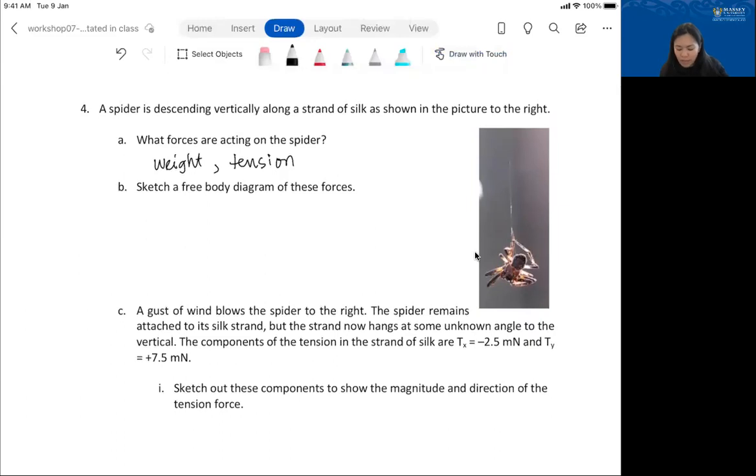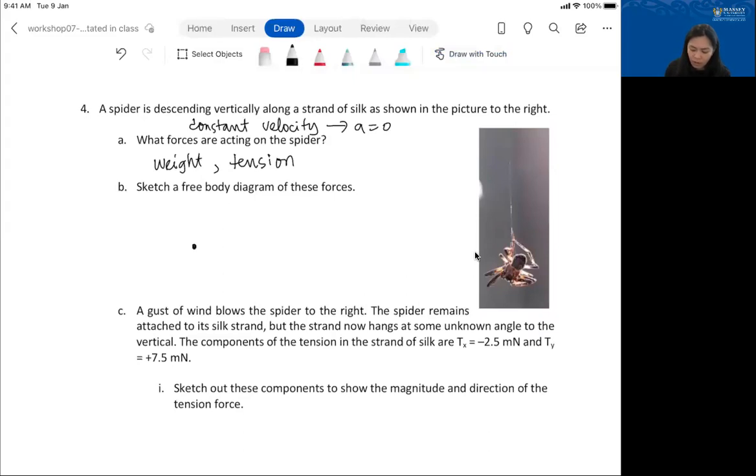I think I have the old version of the problem; the one from Stream says the spider is descending at constant velocity, meaning acceleration is 0 if your velocity is not changing.